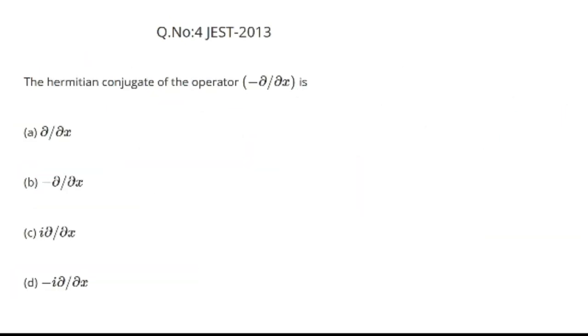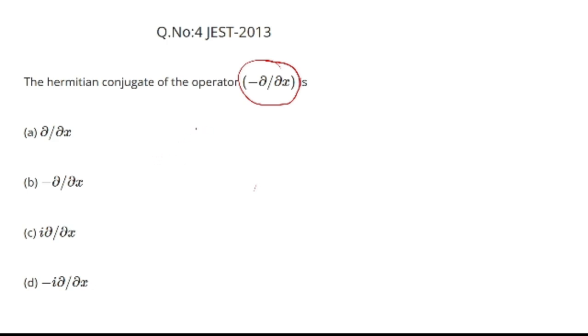Next question: the Hermitian conjugate of this operator. We have to find the Hermitian conjugate of this operator. In general, for a Hermitian operator there is an expression: if any operator satisfies that expression, then we can say that operator is a Hermitian operator.